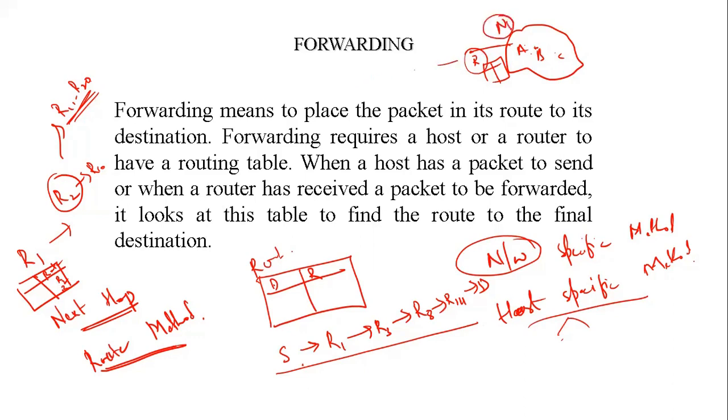So suppose this is the network N1, then all the other routers will only have the route to the network N1. But what hosts or systems are inside the network will not be known by all the other routers. A router which is connected to the network will only know what other hosts are there in the network.